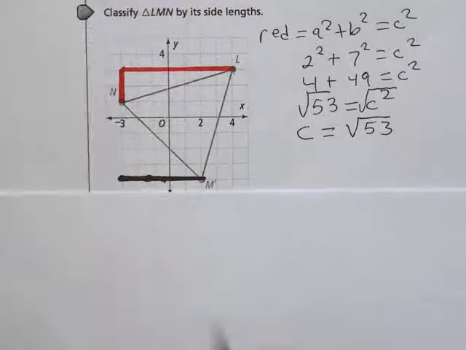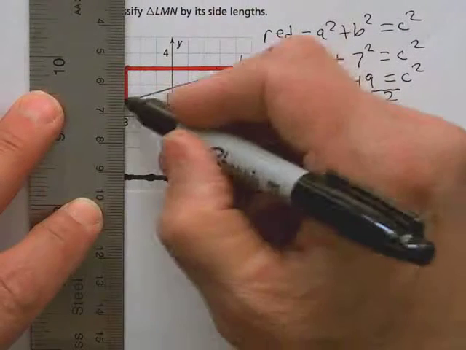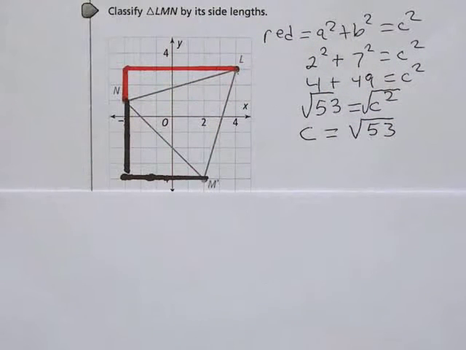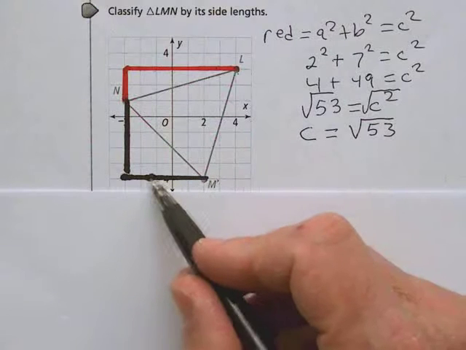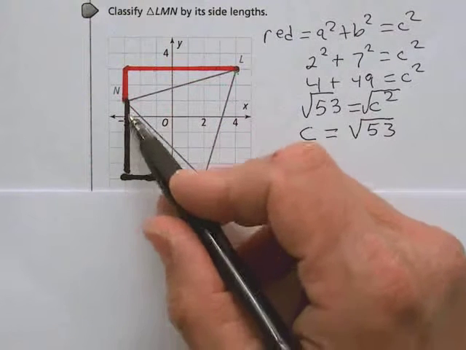And I'm going to put a line there. And as you can see, I've got another right triangle. And let's see what our units are here for this black one. I believe, let's count, that's 1, 2, 3, 4, 5 by 1, 2, 3, 4, 5.